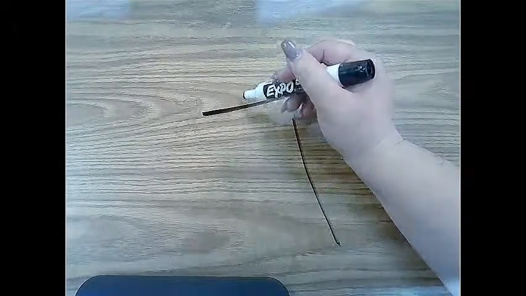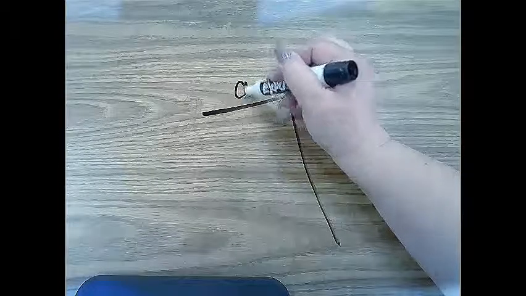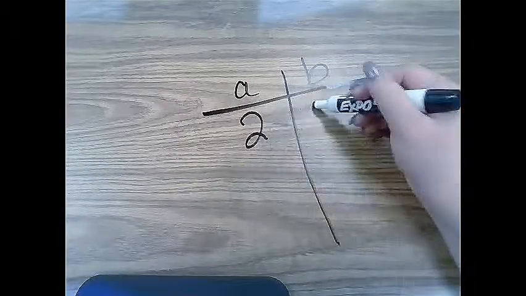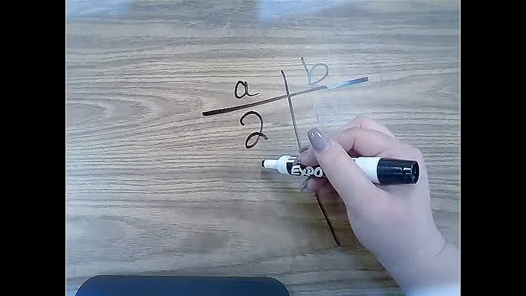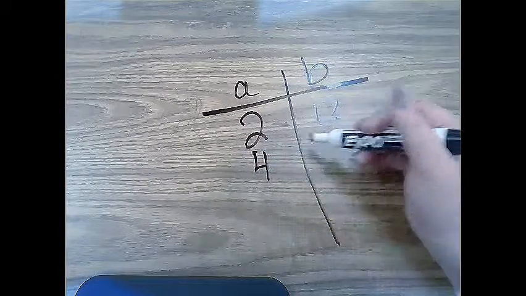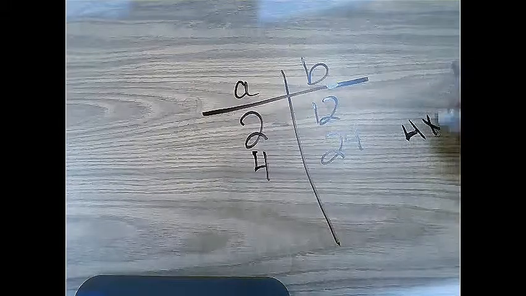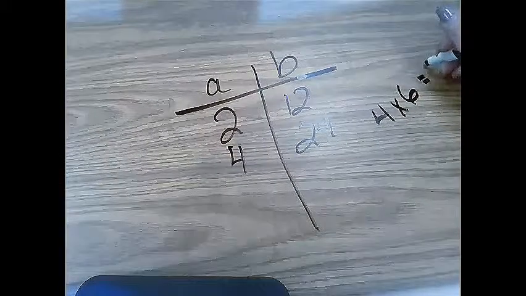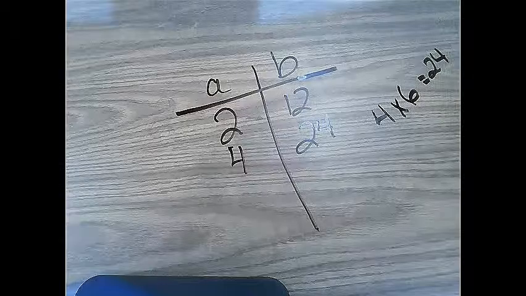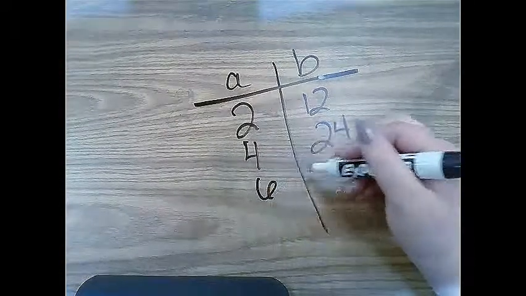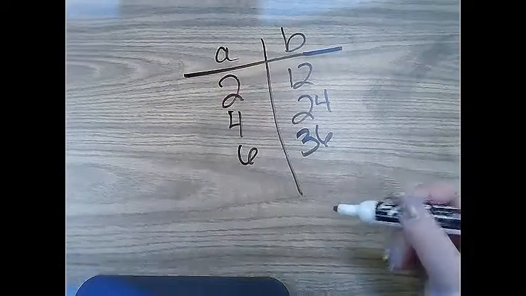Input is A, output is B. So we know 2 cars, he gets $12. If he washed 4, he would get $24, because 4 times 6 is 24, so we're still following our rule. And we know that 6 cars gives him $36.